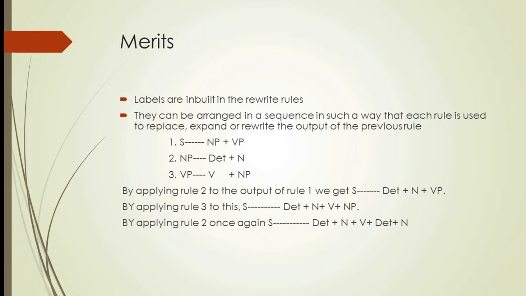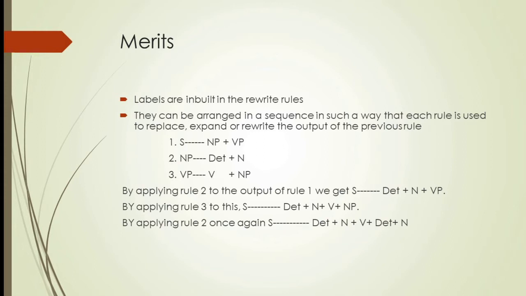Now, apply rule 3 to the same sentence and the verb phrase can now be expanded. So it becomes determiner plus noun plus verb plus noun phrase. Now, apply rule 2 once again to the sentence and it becomes determiner plus noun plus verb plus determiner plus noun. Why? Because when you applied rule number 2 once again, noun phrase was again changed into determiner plus noun.